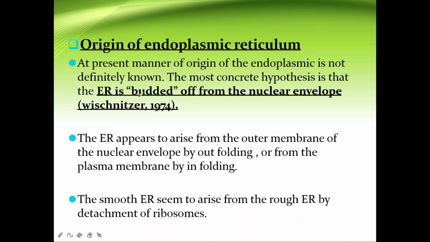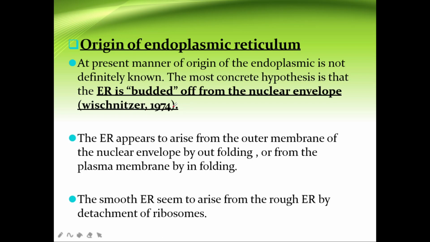Now, origin of endoplasmic reticulum. At present, the manner of origin of the endoplasmic reticulum is not definitely known. Till now, the definite origin is not known. The most concrete hypothesis is that the ER is budded off from the nuclear envelope, a statement given by Wichnetzer in 1974.